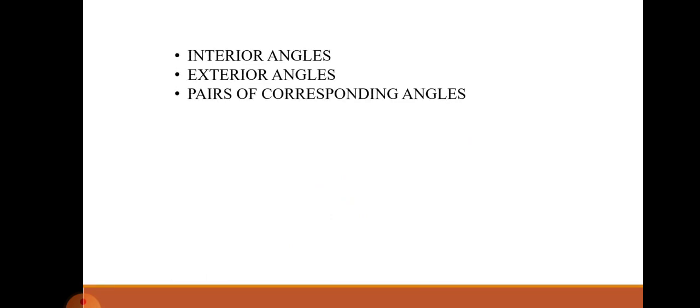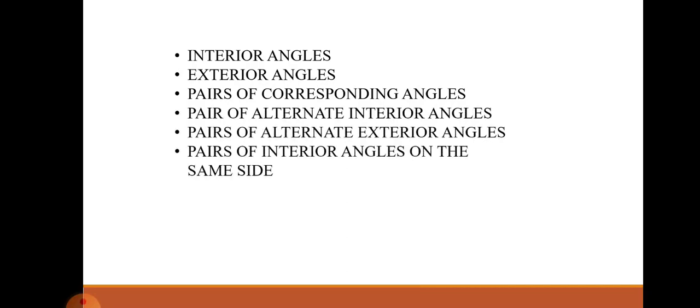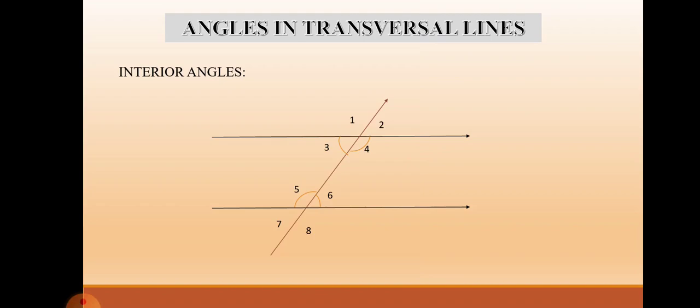The types are: interior angles, exterior angles, pairs of corresponding angles, pairs of alternate interior angles, pairs of alternate exterior angles, and pairs of interior angles on the same side. Let us see one by one. What is meant by interior? Interior is nothing but inside.